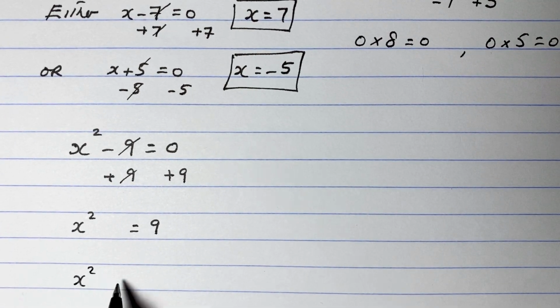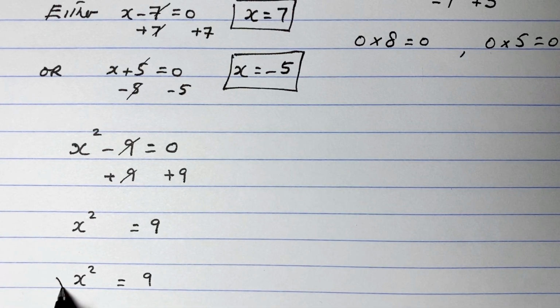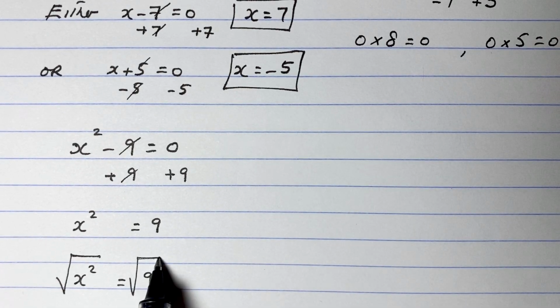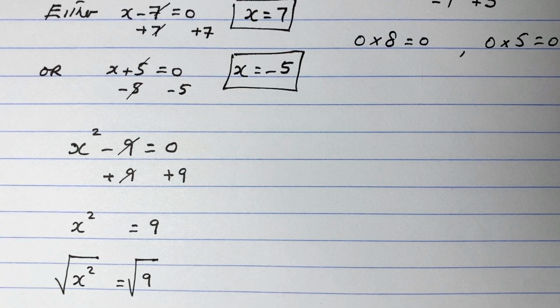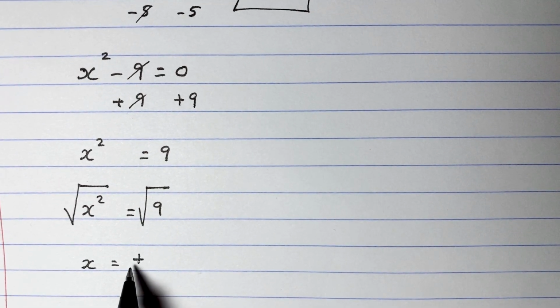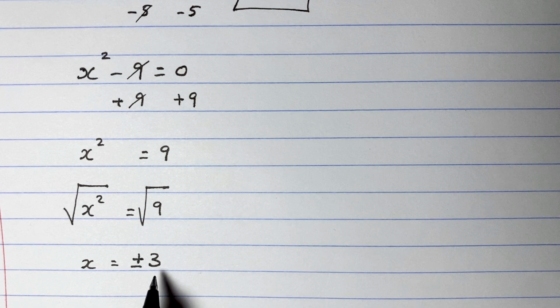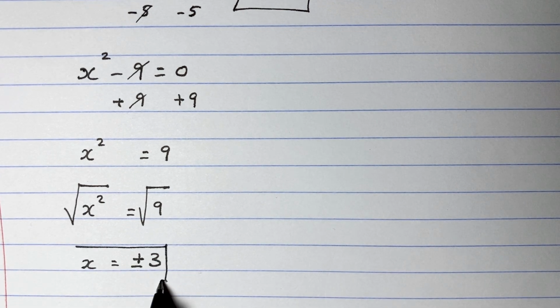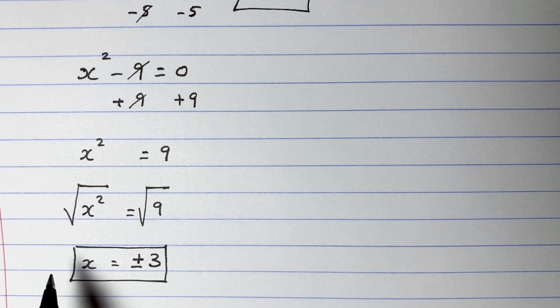Then taking the square root from both sides. The square root of x squared is x. The square root of 9 is plus and minus 3, because plus 3 times plus 3 is 9, minus 3 times minus 3 is 9, so we have two answers, plus and minus 3.